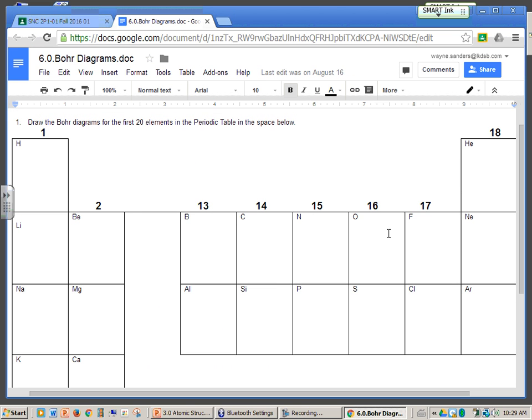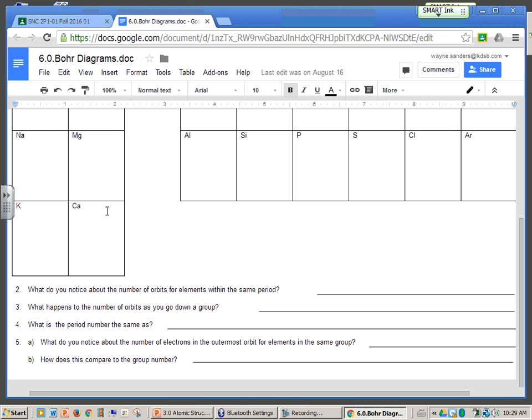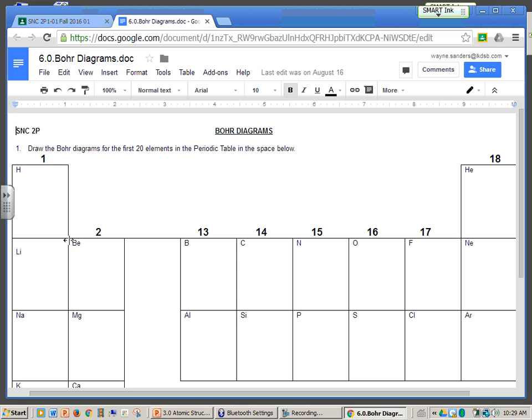Okay. So, I don't have any pictures on mine, but if we take a look at yours, what do you notice about the number of orbits for the element within the same period? So let's try to answer that question. How many orbits do the atoms have in the first period?